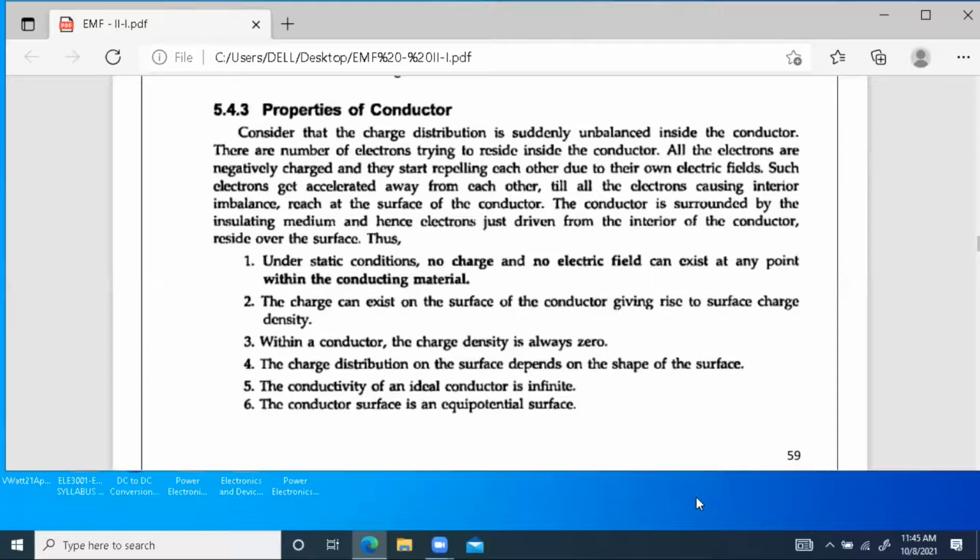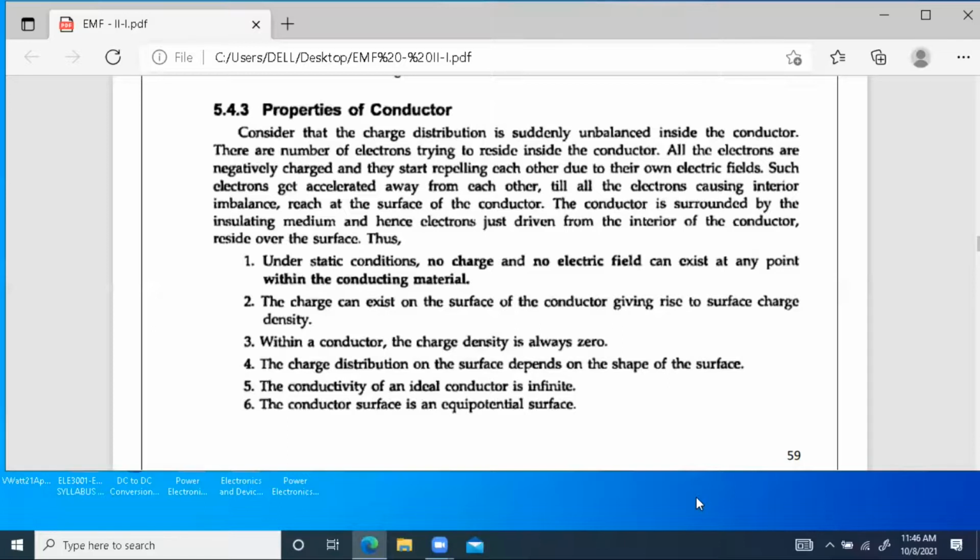If I remember correctly, the solution to that particular example was that from the center of the inner conductor to the inner surface of the radius of that conductor, there was no electric field because we used Gauss's law, right?